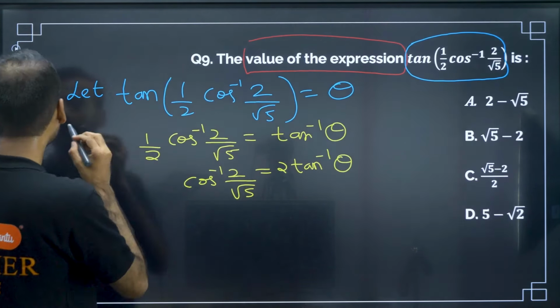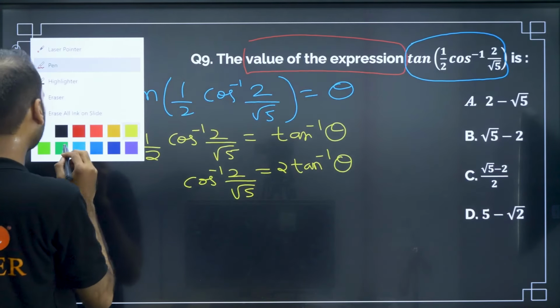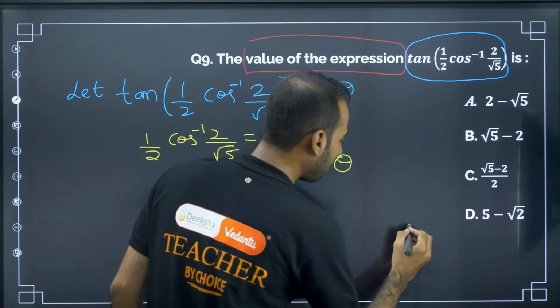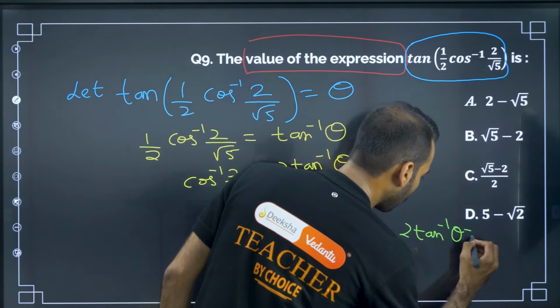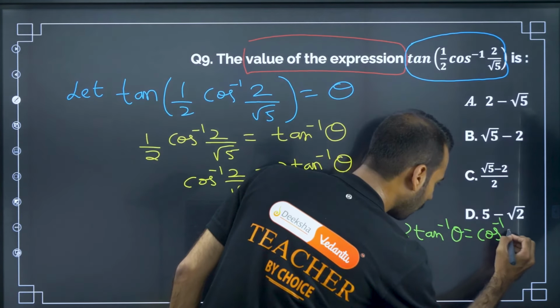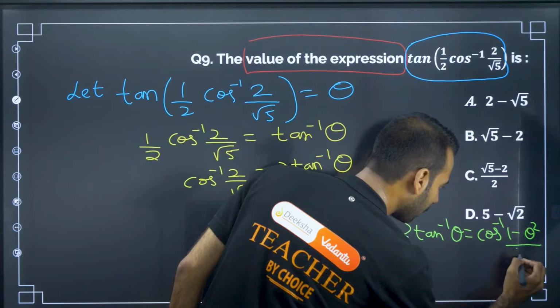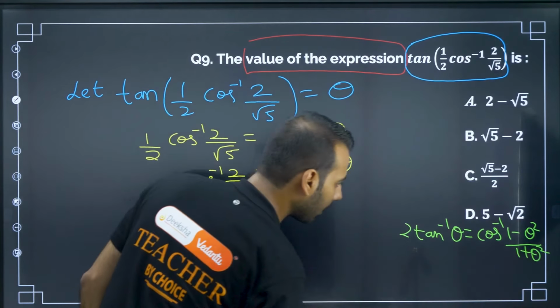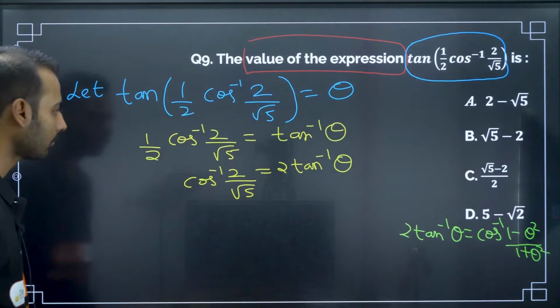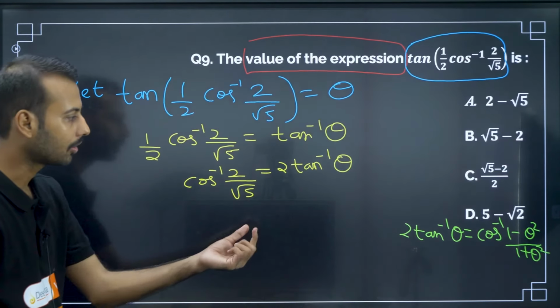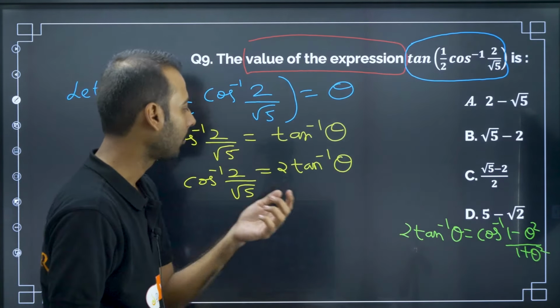Now one synopsis point you should be able to recall at this point: 2 tan inverse theta is equal to cos inverse of (1 minus theta square) by (1 plus theta square).